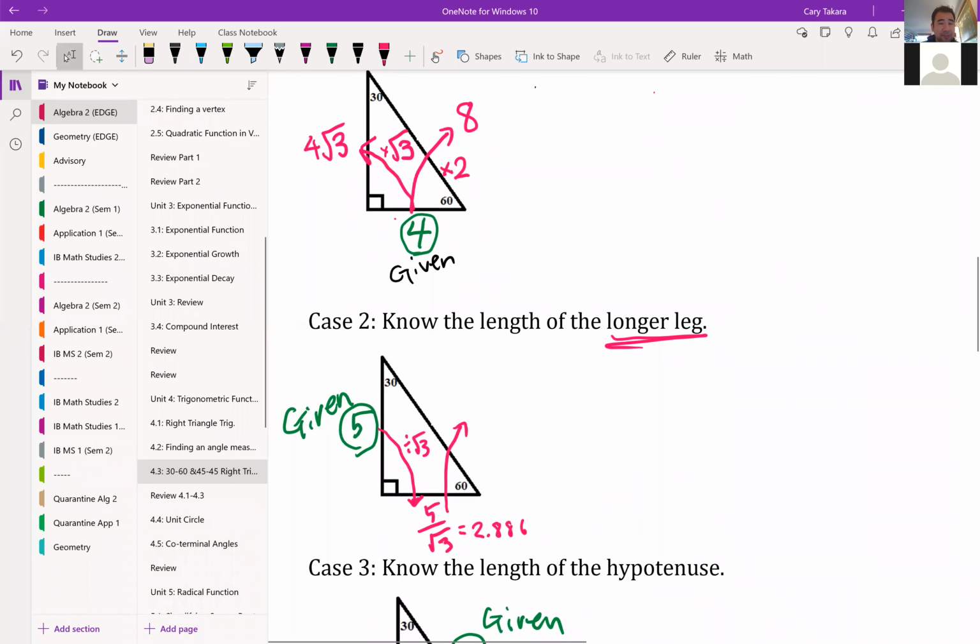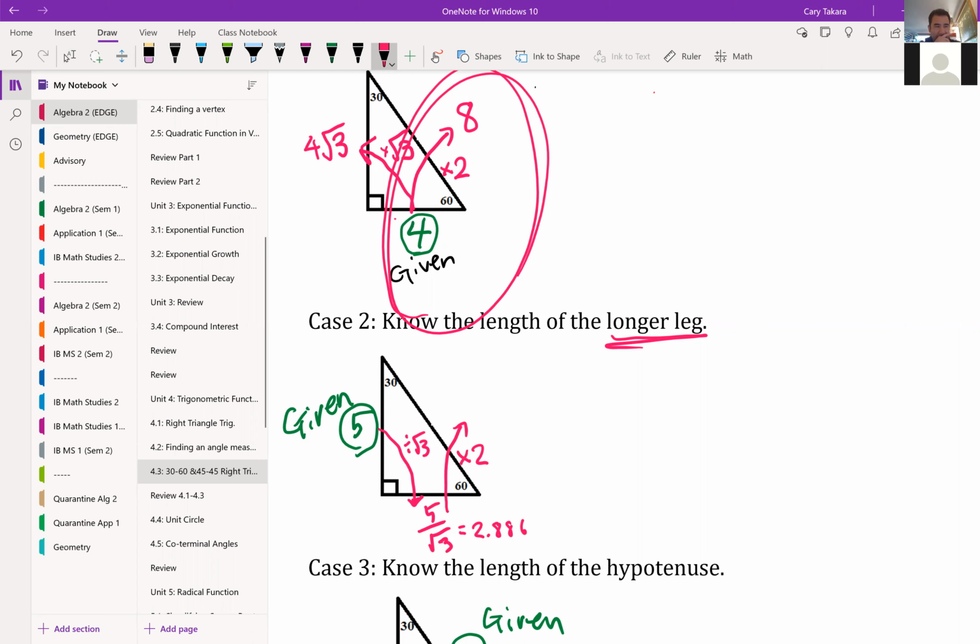What do you think you have to do? What's the relationship between the short leg and the hypotenuse? It's a double, isn't it? So you're going to double 2.886, or multiply by 2. I still have that in the calculator, so multiply that by 2. Let's not round off 2.886.